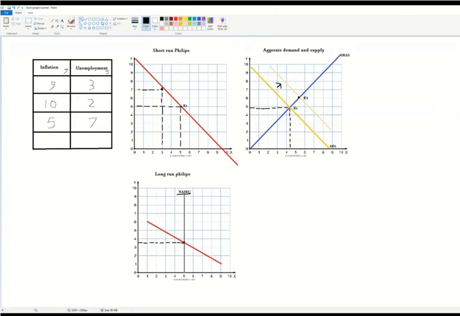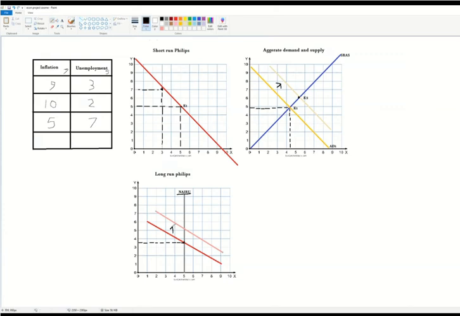So, although there's an effort by the government to decrease unemployment, in the short run they decrease unemployment, but inflation increases. Eventually, however, the economy falls back into equilibrium and unemployment returns to the same amount. But now, instead, they just have higher inflation.